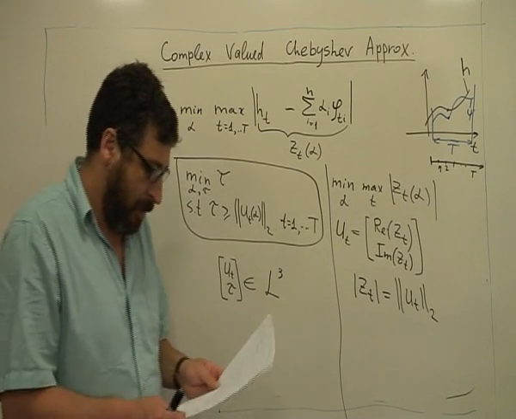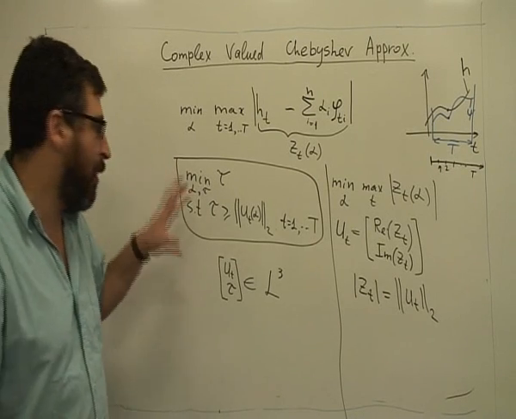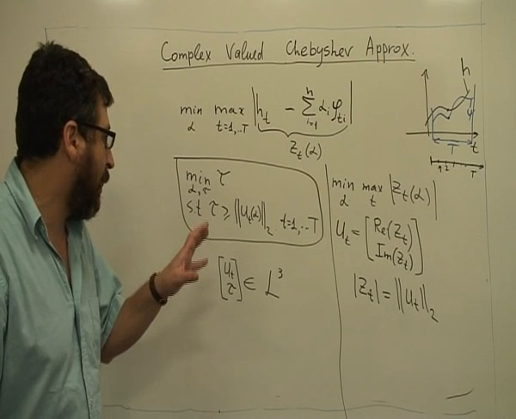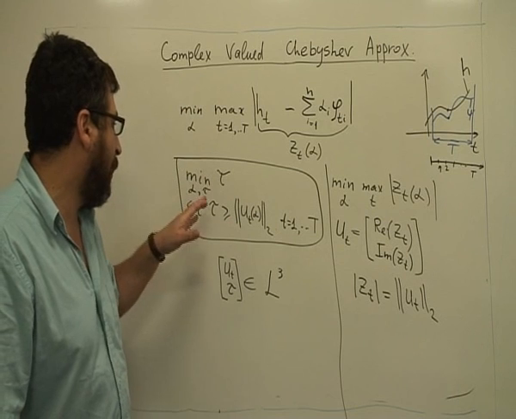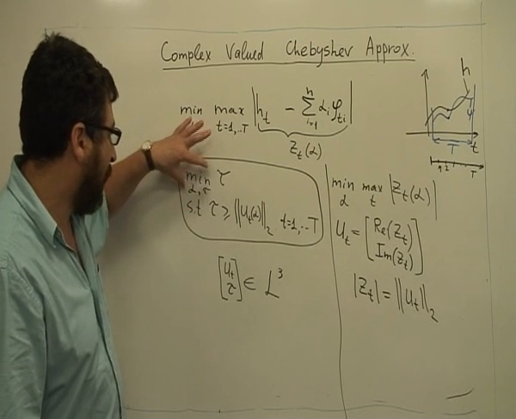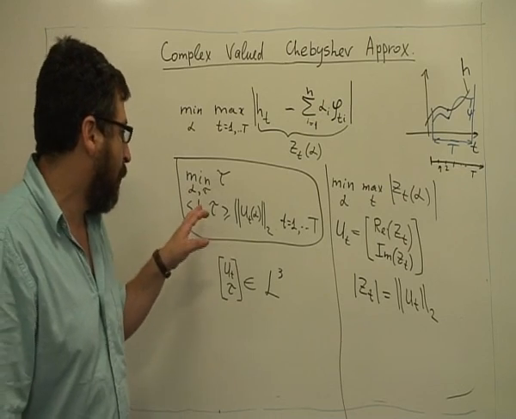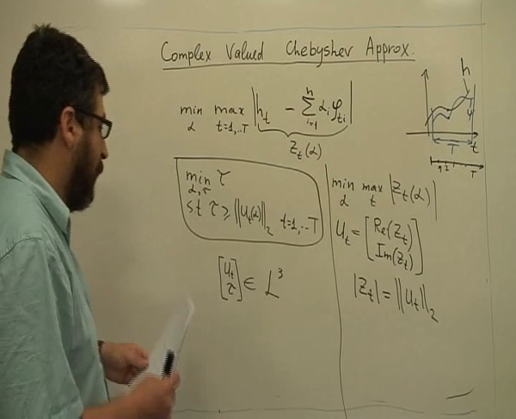Okay, so actually this is already a conic quadratic problem. We can try to write it in a form more convenient for us, which is to minimize a linear function of our vector of variables, alpha and tau, in such a way that this whole vector belongs to one cone.